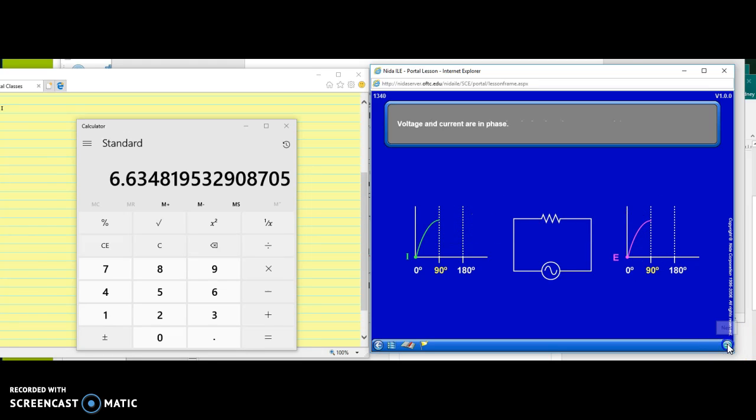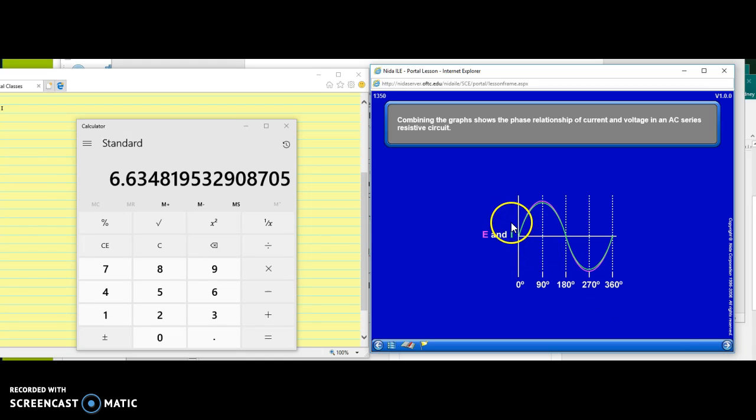And they're in phase. They will sync together. So when we look at the phase relationship of a purely resistive circuit, we're going to find that E and I are in phase. They're happening at the same time, and that's because a resistor doesn't do, for lack of a better descriptor, anything wonky to current. It lets it flow at the same rate.